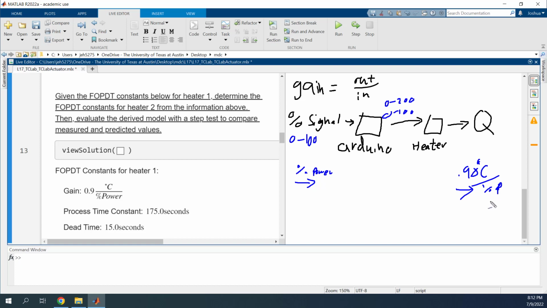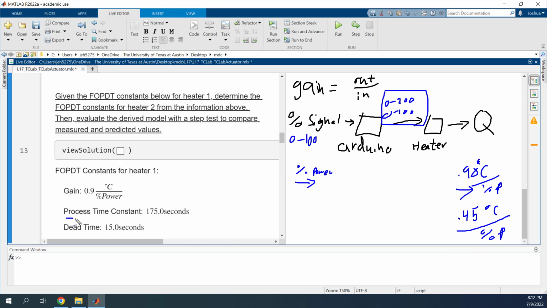I'll say percentage P. The only thing that changes between heater 1 and heater 2 is the magnitude of the signal sent. So if we think that through, the magnitude of the response is going to be half, then we know that this should be about 0.45, because this magnitude right here is half as much. So 0.45 degrees C per percentage power.